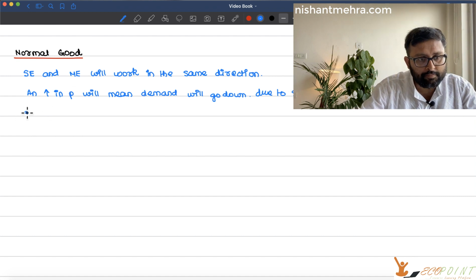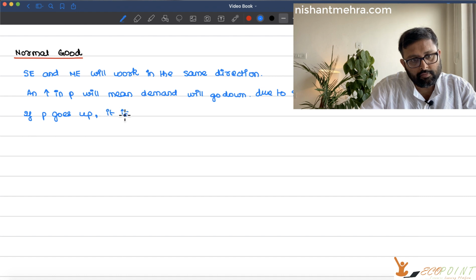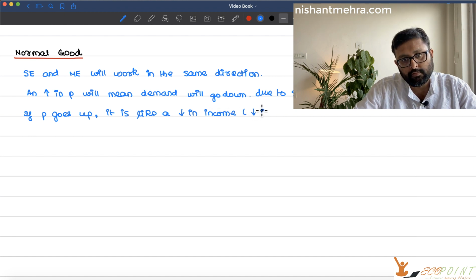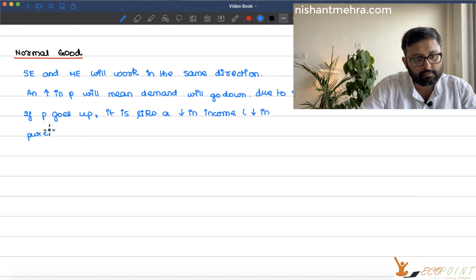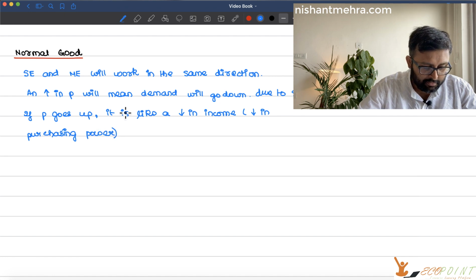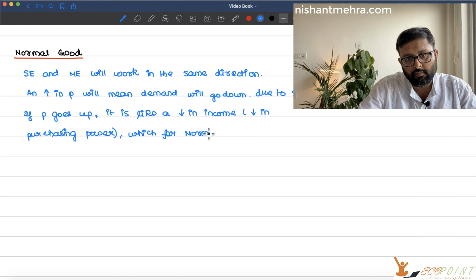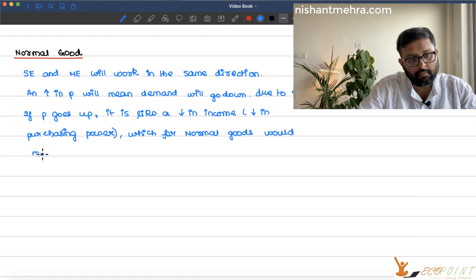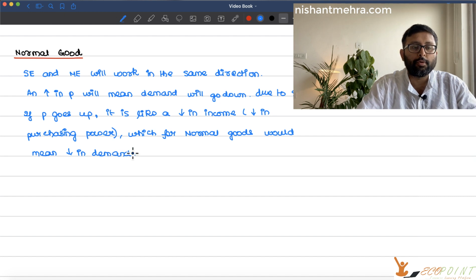If price goes up, it is like a decrease in income, that is, a decrease in purchasing power, which for normal goods would mean a decrease in demand.